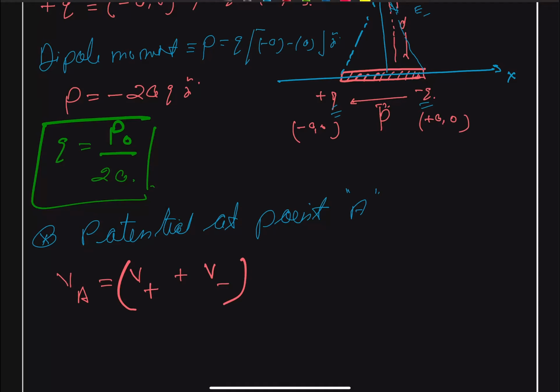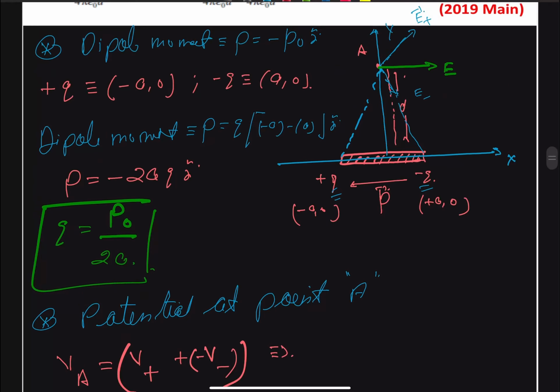As the charges are equal and the distance, suppose this is r, so this will also be r, and this is a and this is also a, the distance of point A from the respective charges will also be equal.